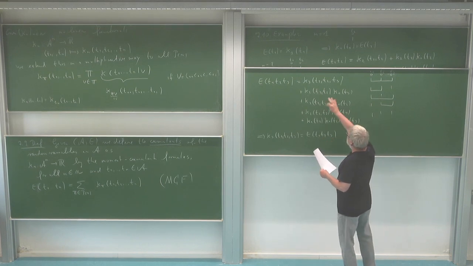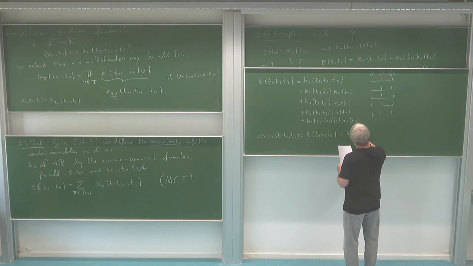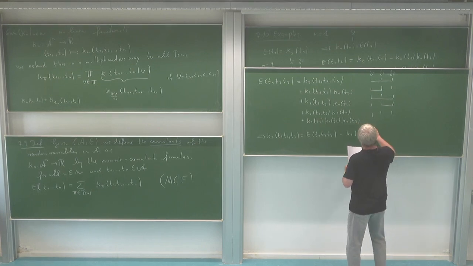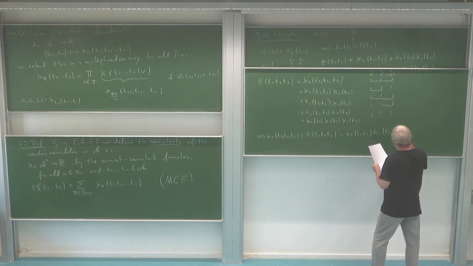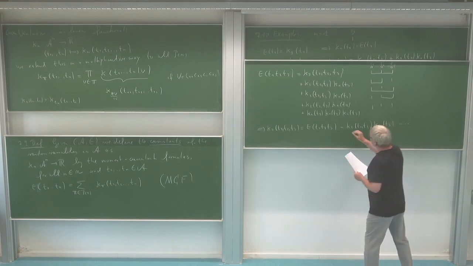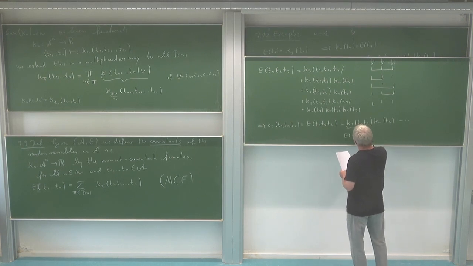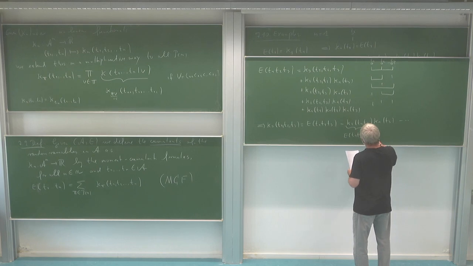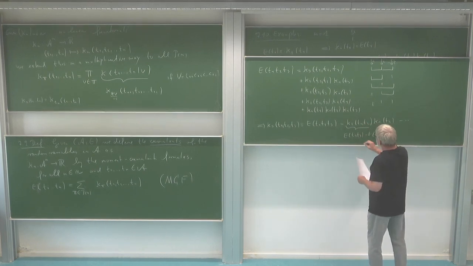So we have this, and then I have to subtract all those other guys. So I have to subtract kappa 2 of T1, T2 times kappa 1 of T3, and so on. But of course, I can express this in terms of the expectation. So this is the expectation of T1 times T2 minus the expectation of T1 times the expectation of T2.